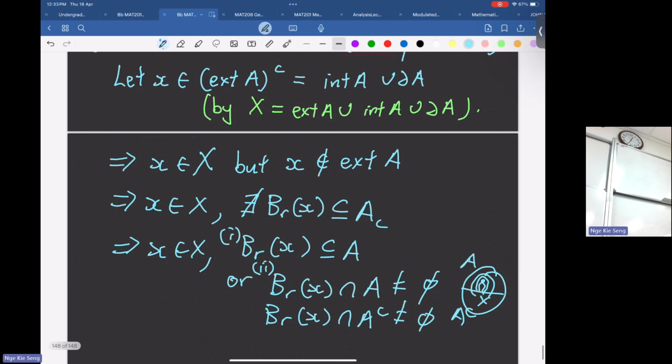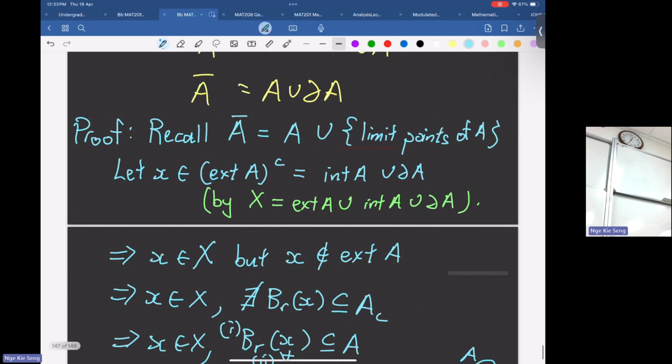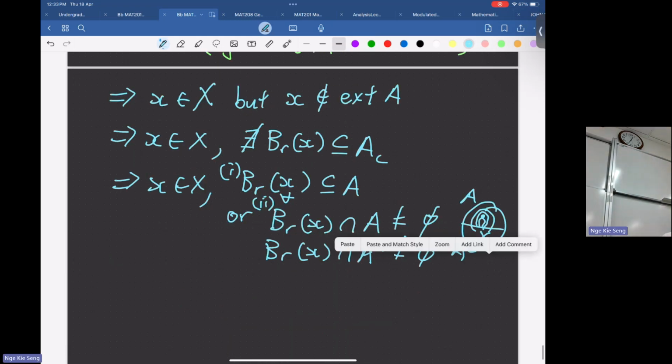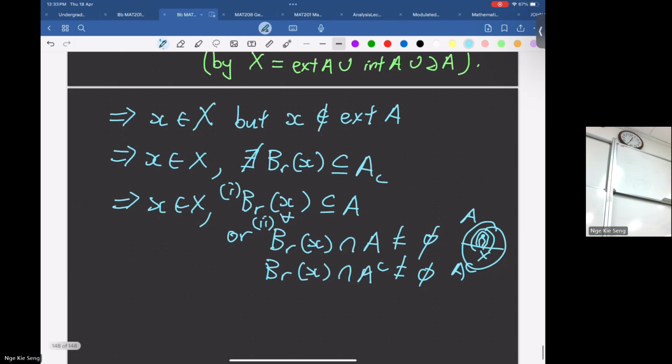It may be an isolated point. No, right? Because this has to be true for all r. Let me think. So what are you trying to say here? Oh, okay. Oh, you mean there's a third case, right? Let me think.